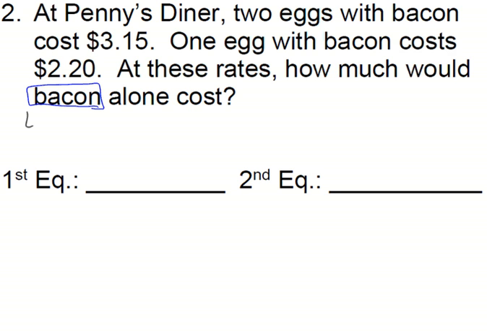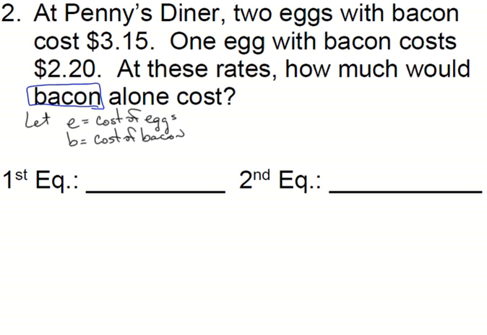Again, we start off by having a let statement to identify our variables. Let E equal the cost of eggs, and B is going to be our cost of our bacon. So I'm going to go through my first equation right here.